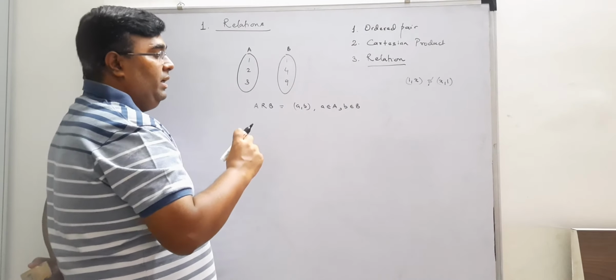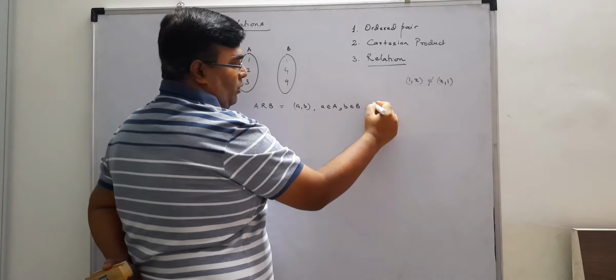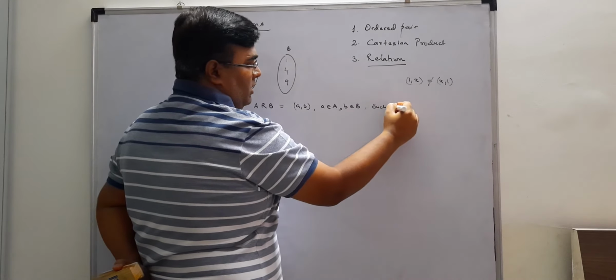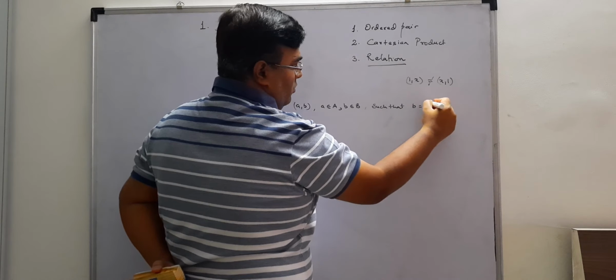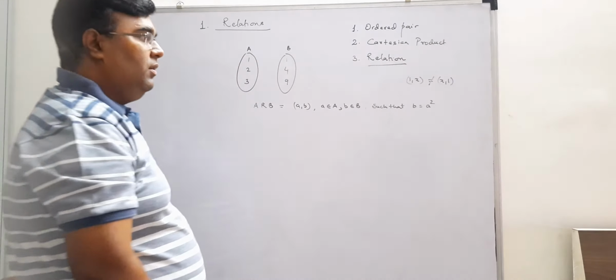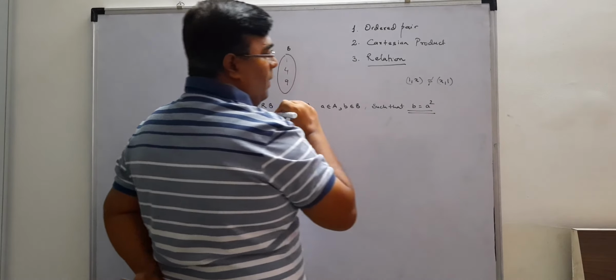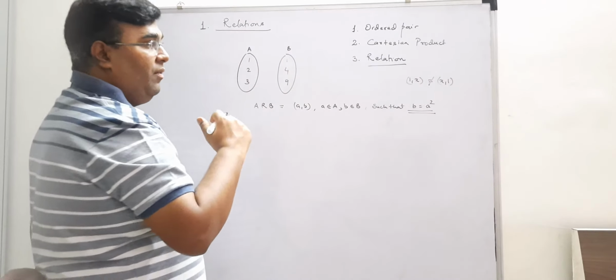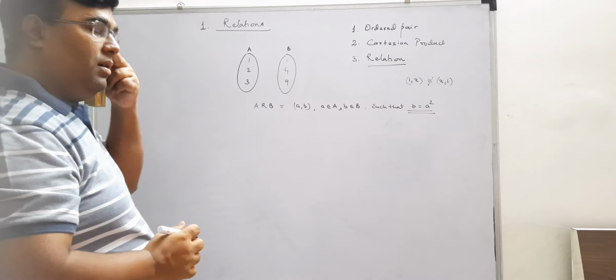Now we need one more thing, such that b is equal to a squared. This is my condition which will decide which pairs will come in this relation. This is known as a relation.